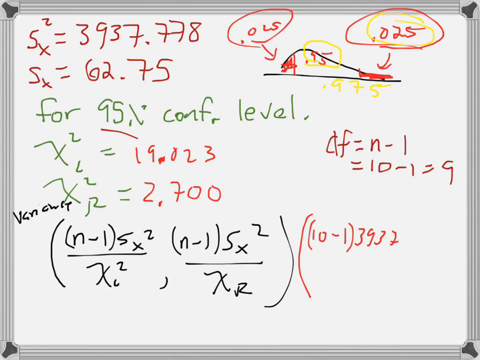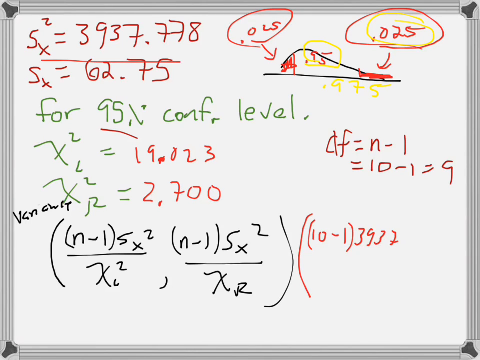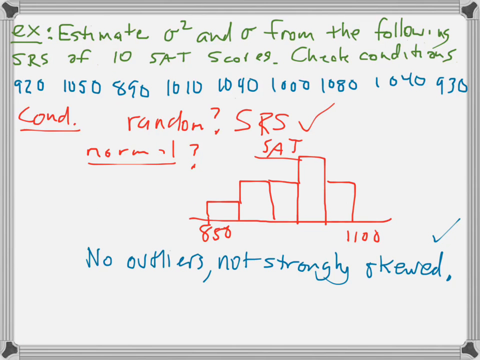And I apologize, I'm going to have to go to the next slide. Okay, I know that just magically appeared, but I was just rewriting some of the work there. So again, on the left side, it's going to be n minus 1, sample size was 10, times the sample variance, that number, 3,937.778, we had calculated before.